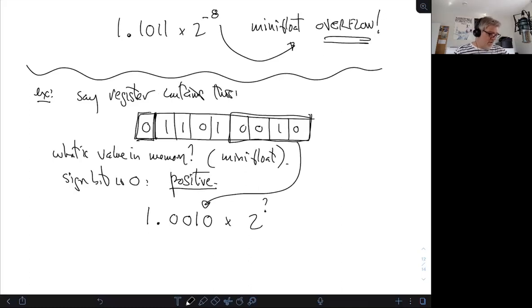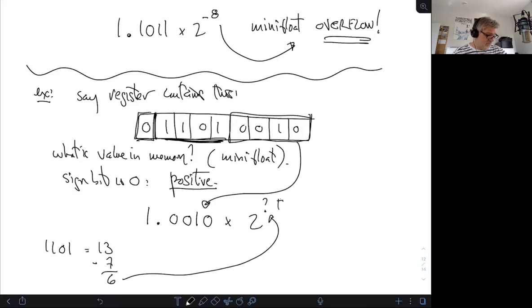Now I look at the characteristic here, 1101. This is 13 in binary, right? And so I remove 7 and I get 6. So my real exponent is 6. You see what I'm doing? Yeah.